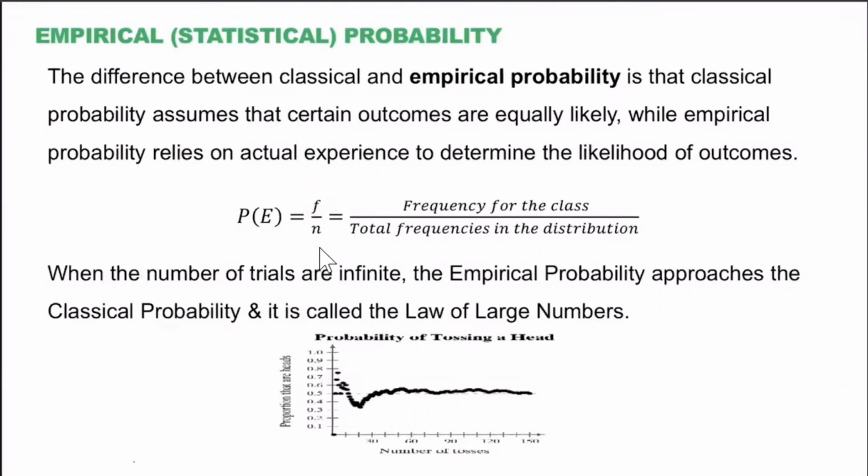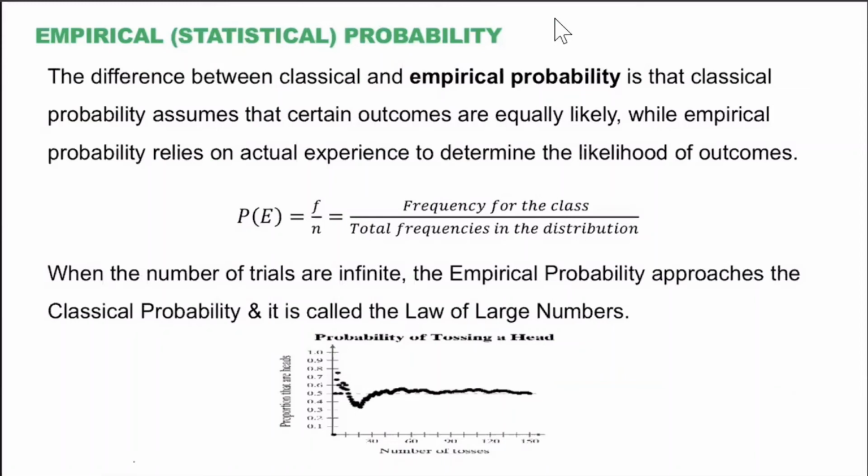If this n in the denominator is a large number, then the result that you obtain in statistical probability will be the same as classical probability. And that law is called the law of large numbers. So this is the fundamental idea of the empirical or statistical probability.